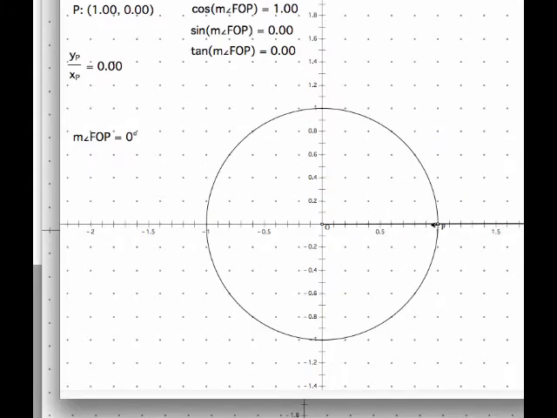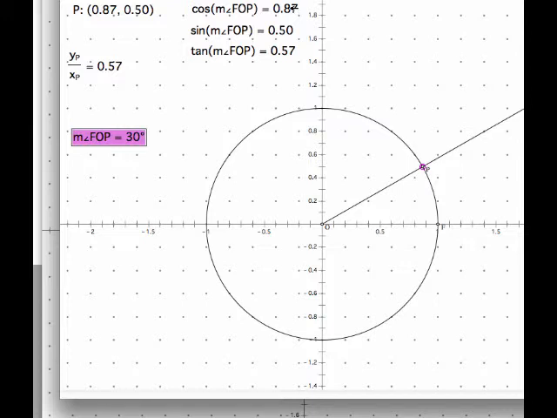So here's my animation. Let me move it up to, let's say, an angle of 30 degrees. At 30 degrees, this point right here has x and y coordinates shown right here, 0.87 and 0.50. You'll also notice that the cosine of this standard position angle is 0.87.